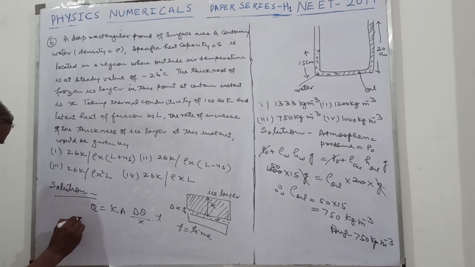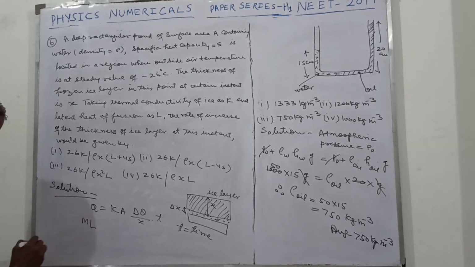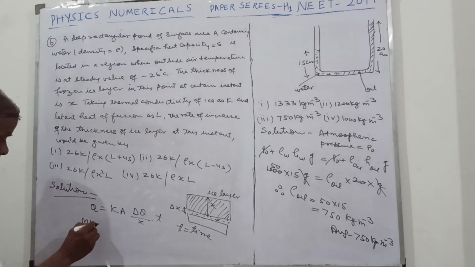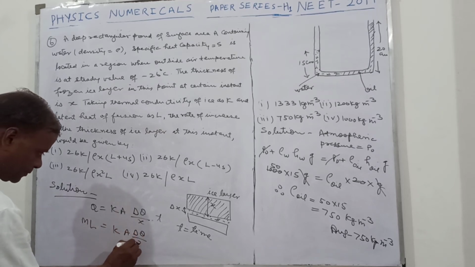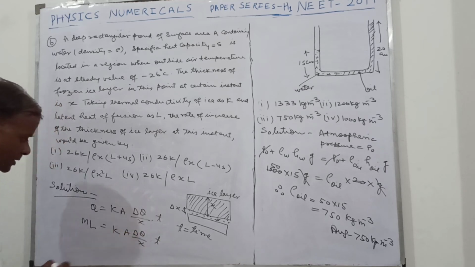And Q is equal to mL. Latent heat of fusion is equal to K A delta theta upon x into t.